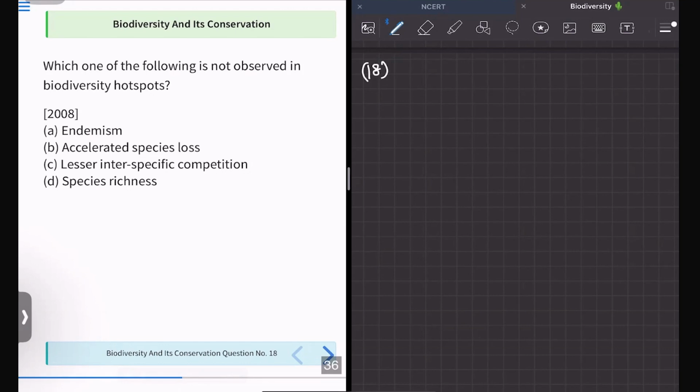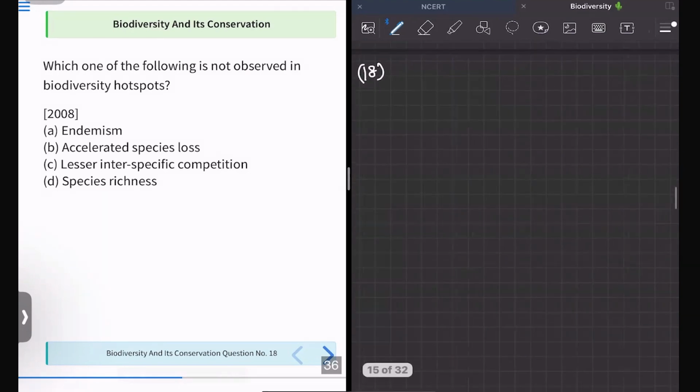So in the previous session, we have discussed about biodiversity hotspot. What do they mean? Correct. So let me just try to revise it for you. Biodiversity, as the name suggests, there is a diversification. That means various types of species are found. Then only we say it is diversified, when we have different patterns or different species.